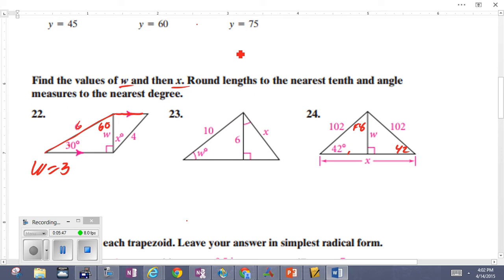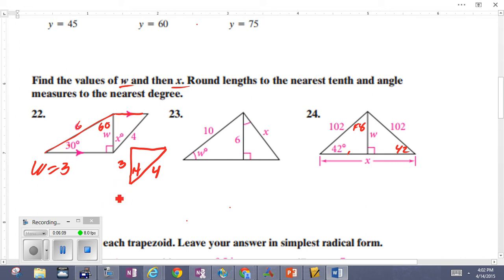Now, having W, we can look at that triangle over there that contains side W, 3, 4, and the angle X in question. Relative to the angle X, 3 is the adjacent side, and 4 is the hypotenuse.